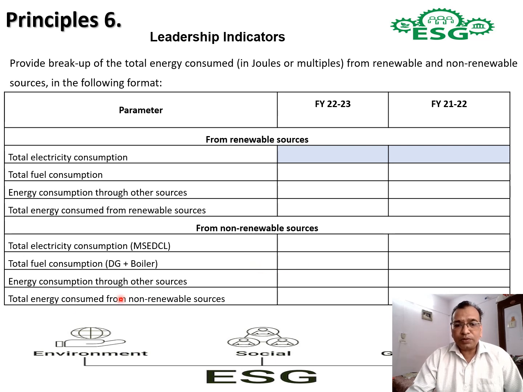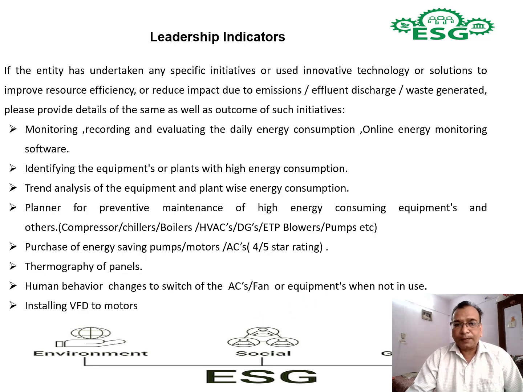Then energy consumption through other sources, where again briquette consumption has to be reported. Then you do the summation, that is energy consumed from non-renewable energy, the summation of A, B and C, and it will come here. So this is about the leadership indicators.